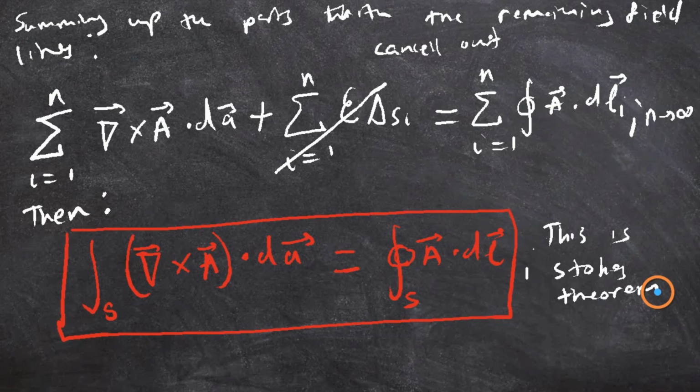So the line integral yields the curl of A, the gradient cross product with A, over the surface surrounded by the path. Okay, so this is very important because there are many applications where we relate some area with a path. We saw in the previous one, the divergence theorem was relating some particular volume to an area. So now here we are able to relate some particular surface to some particular path.